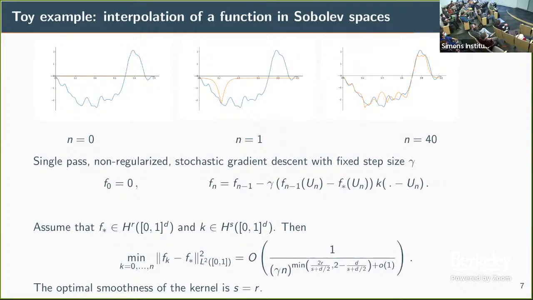Or if I choose it to be even smoother, or I guess just choosing less smooth, when you say that optimal is S equals R, things become worse on either side of it? Yes. So in this problem, you don't choose R because it's a problem. You choose S.